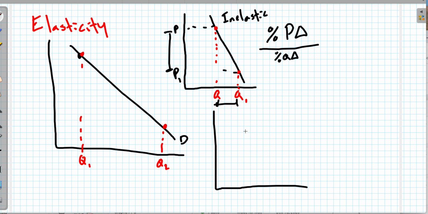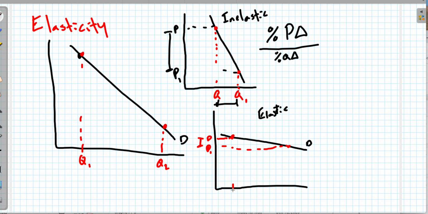Okay, so what if we had an elastic curve that looked a little more like this? Here's demand. So this is elastic. And in an elastic curve, we can have a little price change. We're just changing the price from here to here, right? So this much.